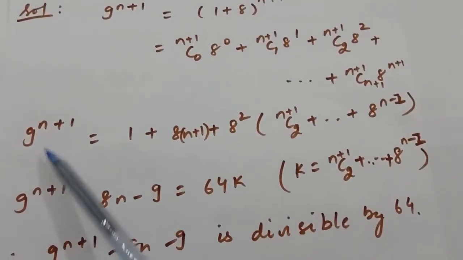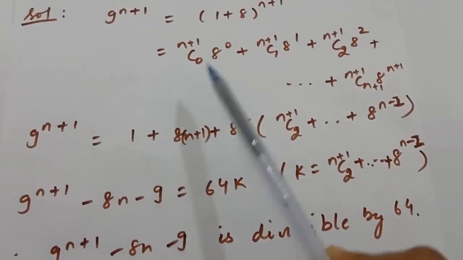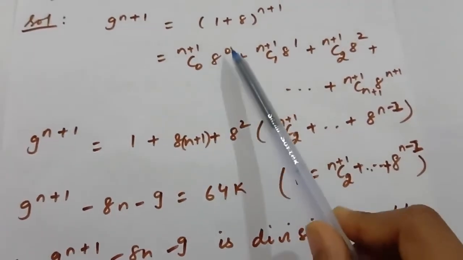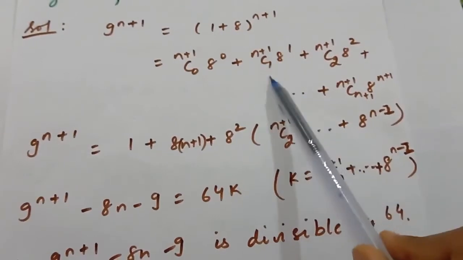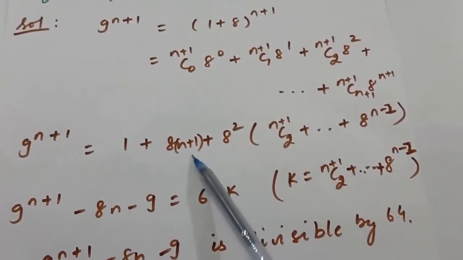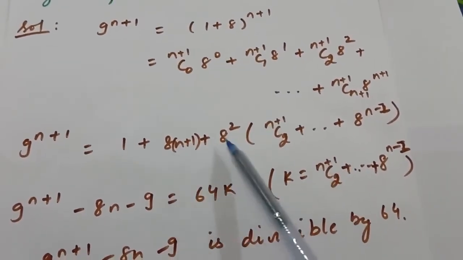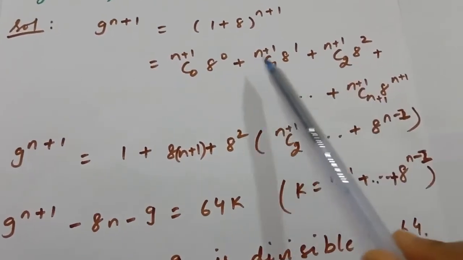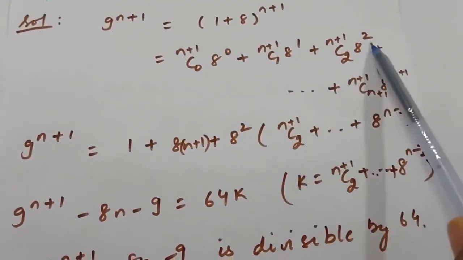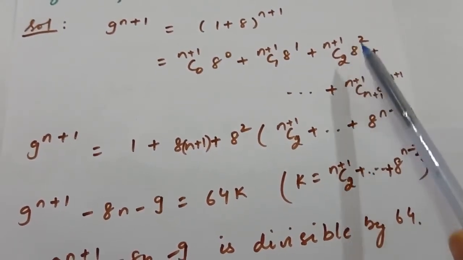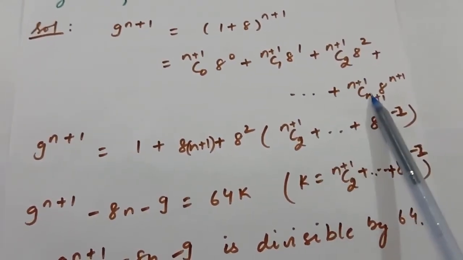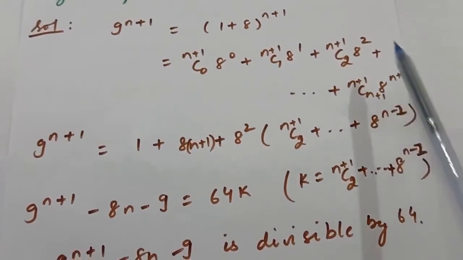Now 9 raised to the power n plus 1 is equal to 1, since 8 raised to the power 0 is also 1, plus n plus 1 C1 is n plus 1 into 8, plus C, the power of 8 is increasing. In the third term it is 8 square. So in the next terms the power of 8 will be more than 2.